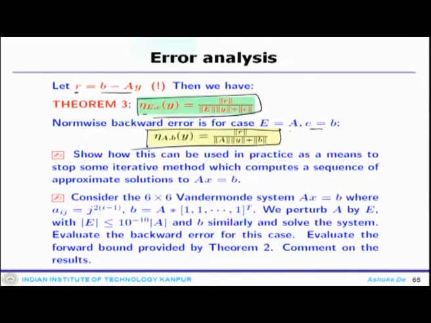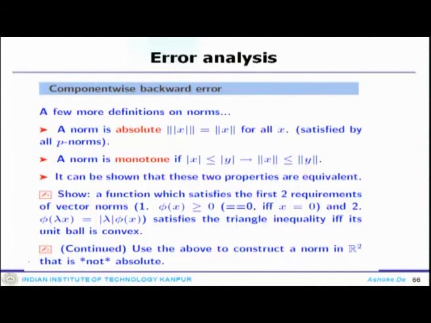One can find this by considering some system and then estimating these kinds of norms, or one can take some examples, put in some code in MATLAB and find out.